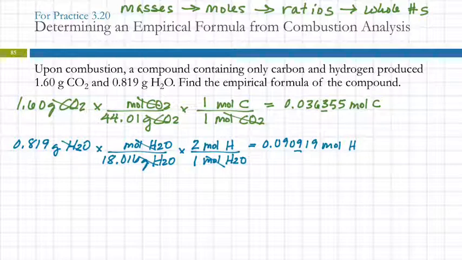How do we get a whole number ratio out of this mess? Divide by the smallest, right? So 0.09 is bigger than 0.03. So I'm going to divide by the 0.036355.